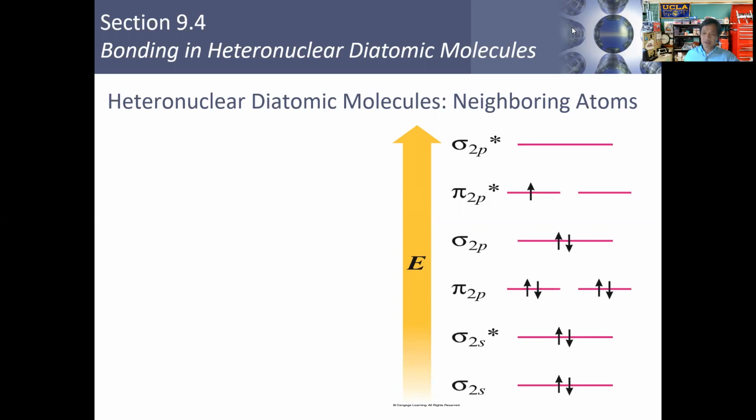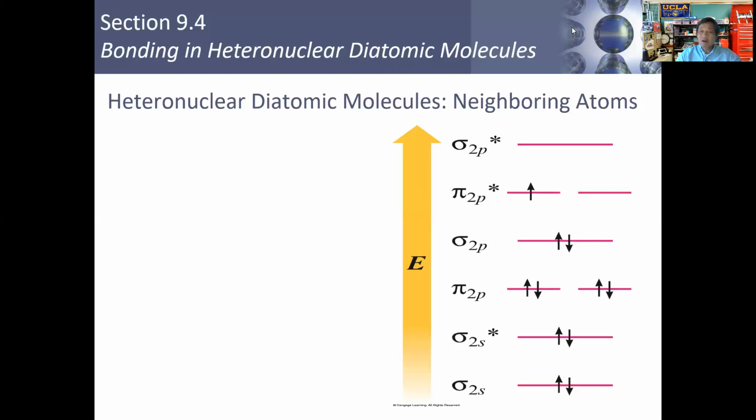Okay, I was finishing up our discussion of homonuclear diatomic molecules. Hopefully, you got a chance to understand how we can obtain molecular orbital diagrams and determine electron configurations for different homonuclear diatomic molecules, being molecules made up of two atoms that are the same.